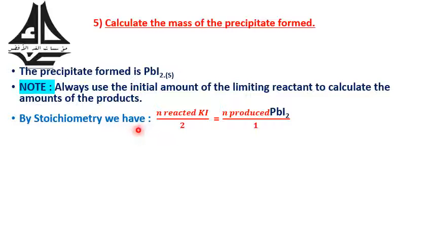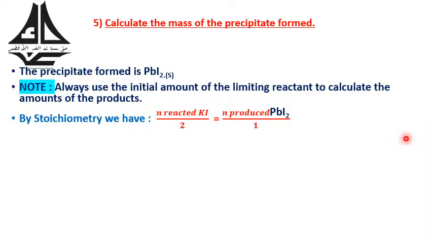So by stoichiometry, we have number of mole n reacted of KI over 2, which is its stoichiometric coefficient, equal number of mole produced of PbI2 over 1, which is its stoichiometric coefficient. And remember that number of mole reacted of KI, which is the limiting reactant, is equal to the number of mole initially found of KI.